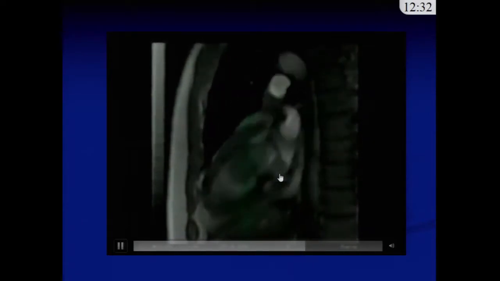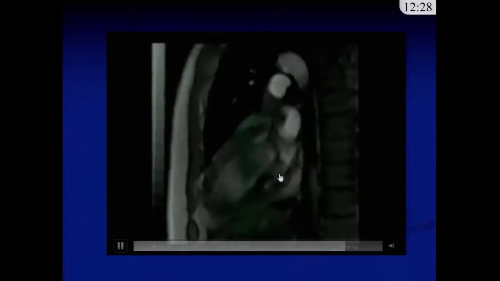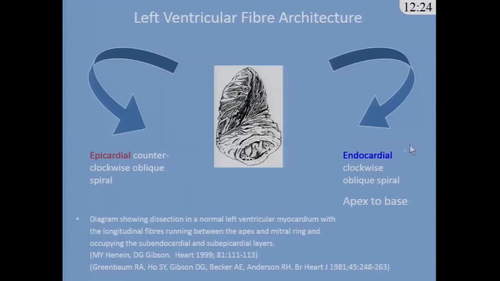We're not aware of it, because most of the time we do echo or we do MRI, and the heart looks like this. You just see this, okay? We don't see the twisting motion, which is very important. So the heart is constructed with the fibers wrapped around to make this twisting motion.